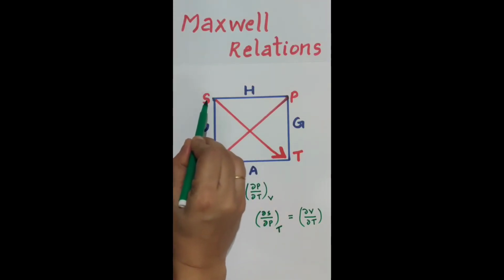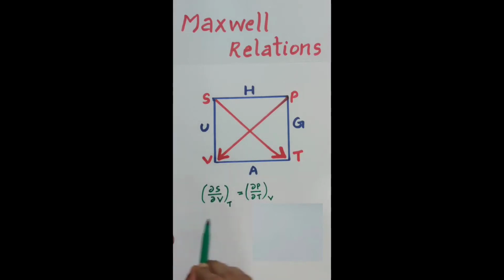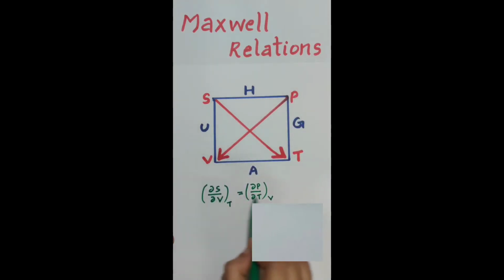Opposite of S is T, so we can write the constant term as T, and opposite of P is V, hence we can write the constant term as V.